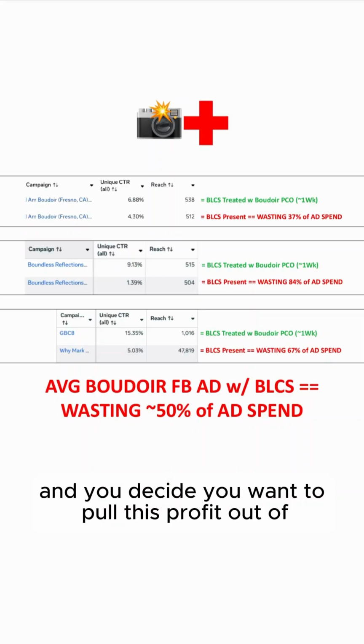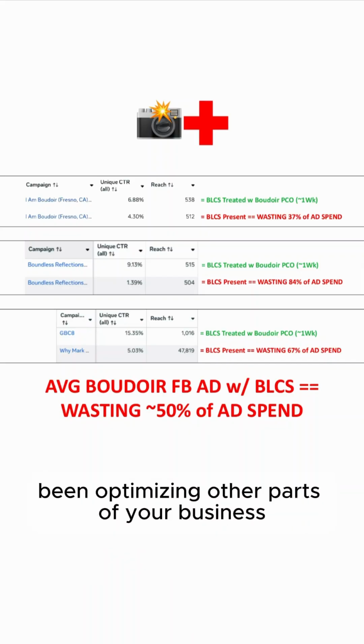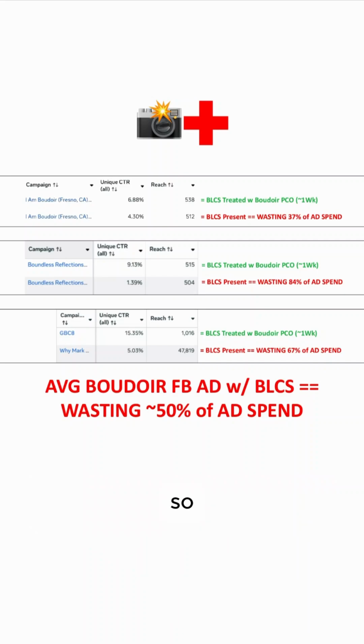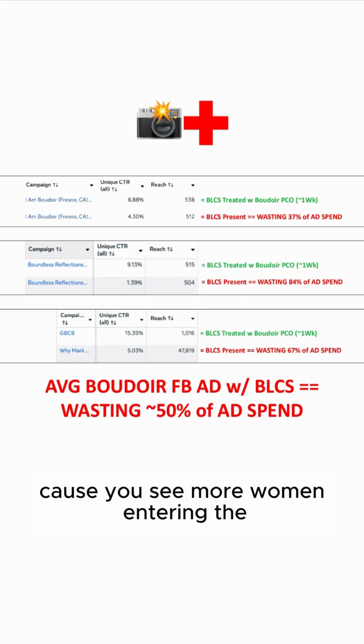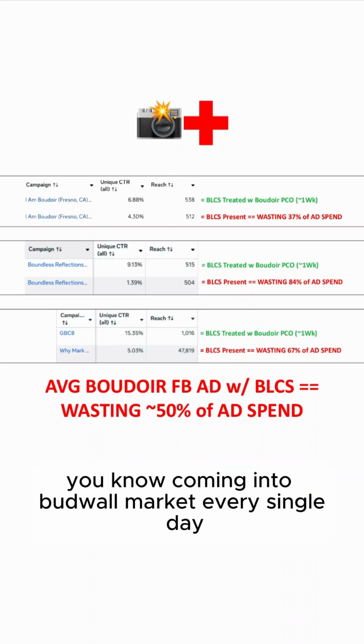And you decide you want to pull this profit out of the Facebook ads part of your business because you've been optimizing other parts of your business. So you now want to optimize the Boudoir Facebook ads part because you see more women entering the Boudoir market every single day.